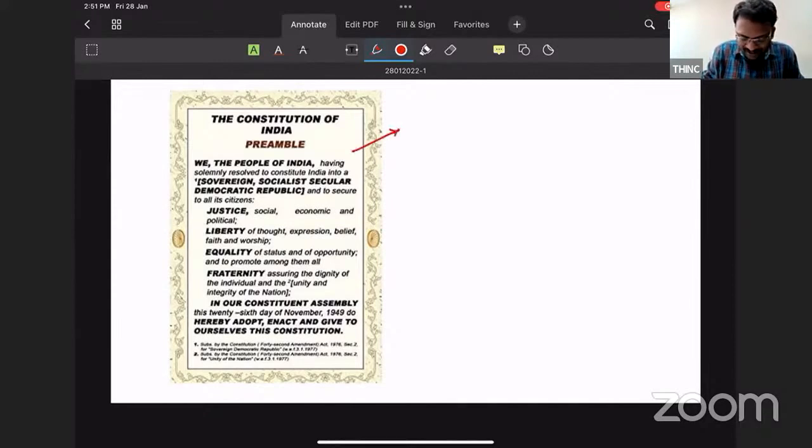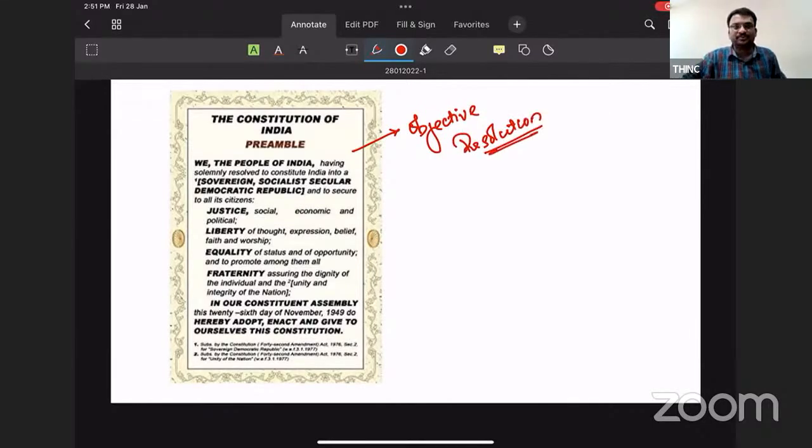There is a thing called the objective resolution. Who presented the objective resolution? It can be a question. The objective resolution was presented on the 13th December 1946 in the Constituent Assembly.